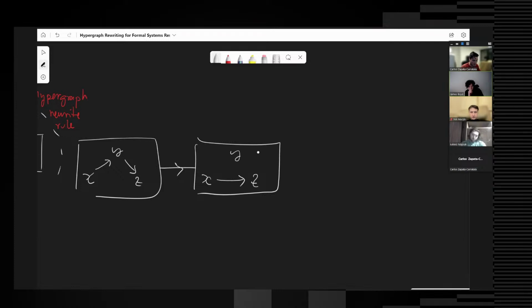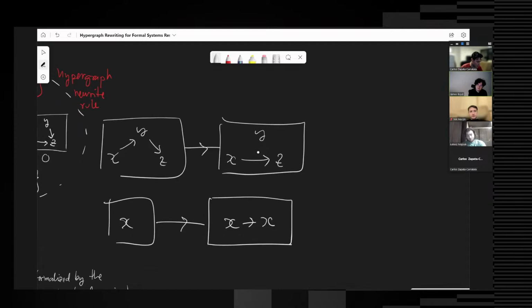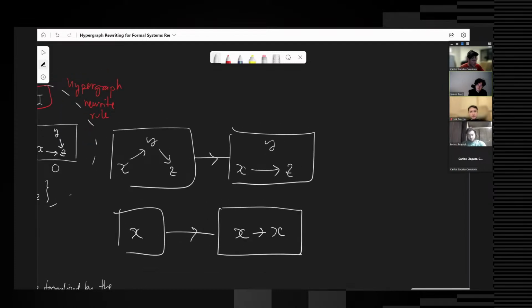That's exactly morphism composition in a category, right? Or, if you want units, you can take X as your element, and then you can draw something like this, X to X, and that's the unit on its object. So you can capture many mathematical theories this way.